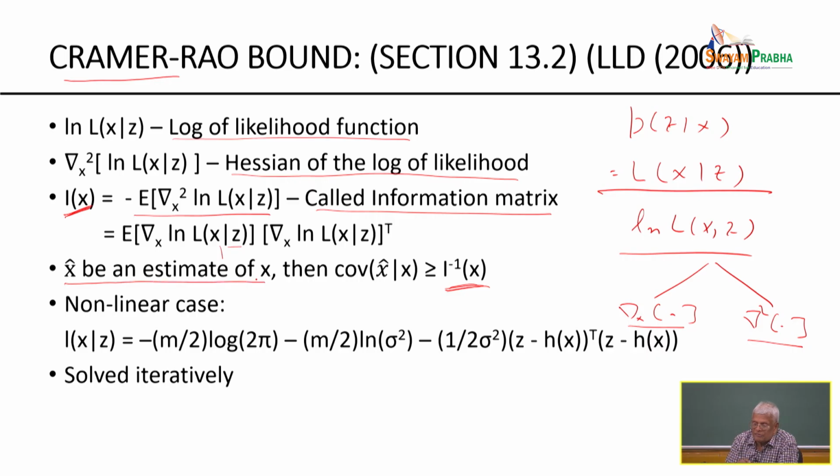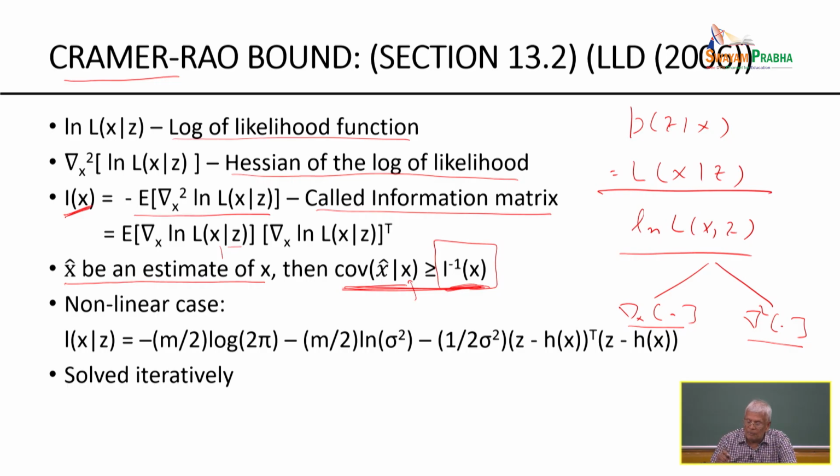If this is the estimate of x coming from the maximum likelihood, then for any estimate x hat, the covariance of the estimate given x, because x is the unknown constant, is greater than or equal to the inverse of the information matrix. The information matrix depends only on the likelihood function. So this is a universal bound, and this bound is called the Cramer-Rao bound.